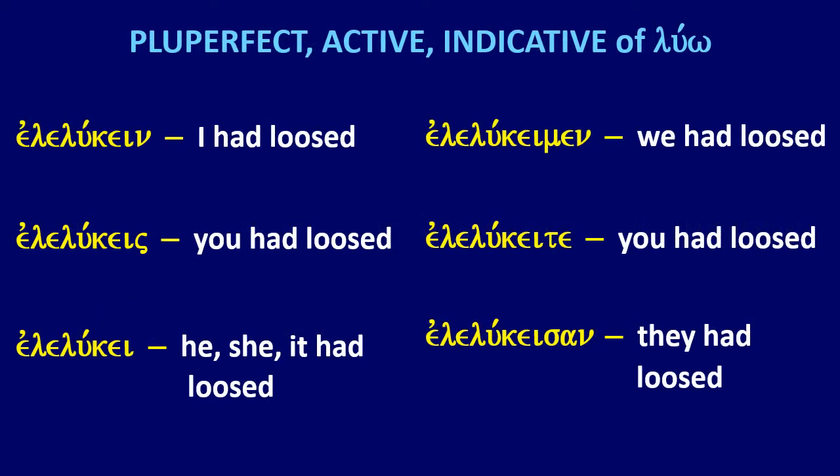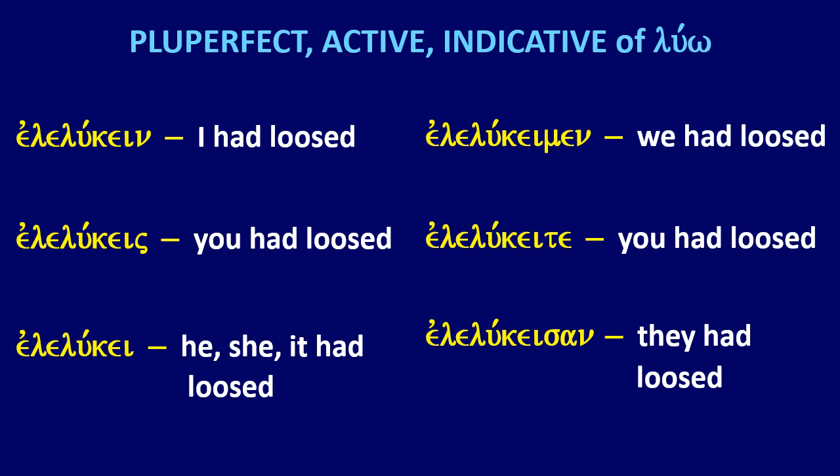Here is the paradigm for the pluperfect active indicative of luo. So you've got the first person singular, eleleukein, I had loosed, is how you would translate that. And then you've got eleleukes, you had loosed, eleleuke, he, she, or it had loosed, etc. And you can just go right down the list.